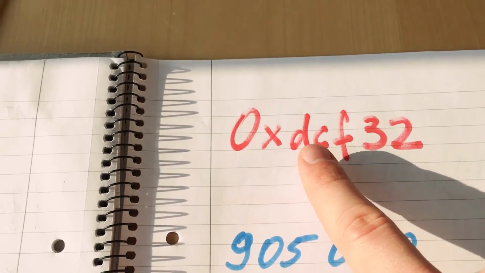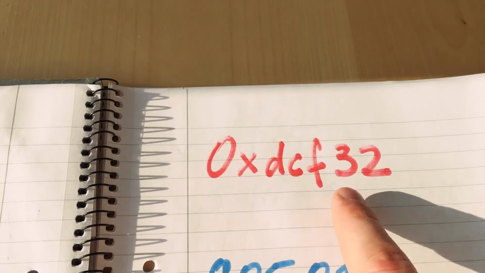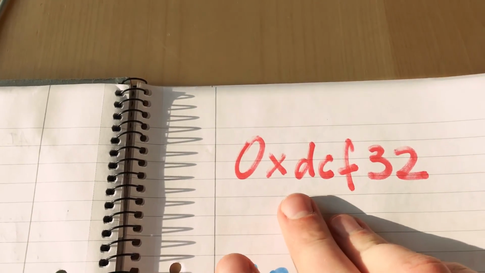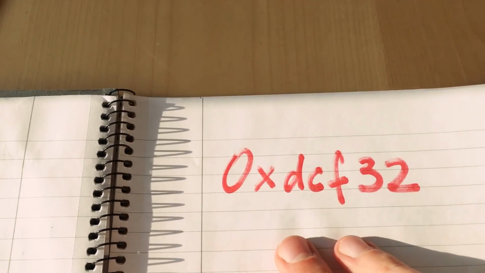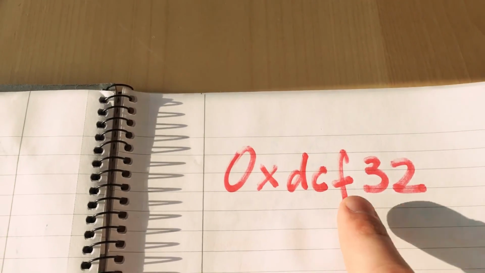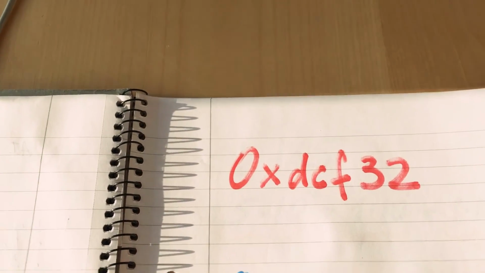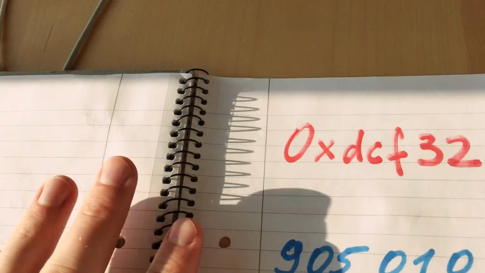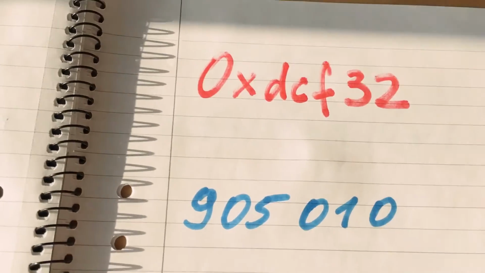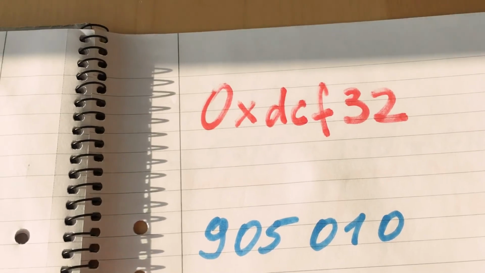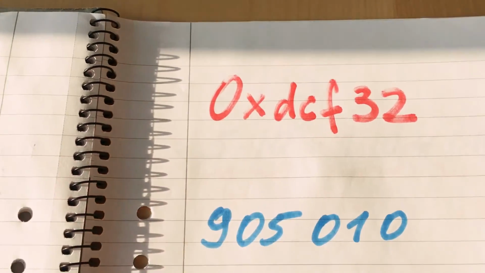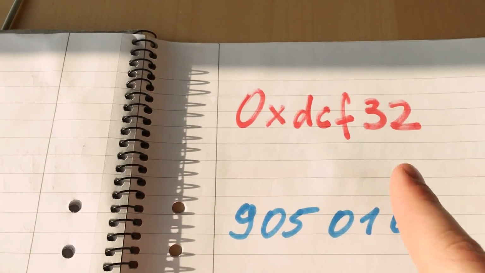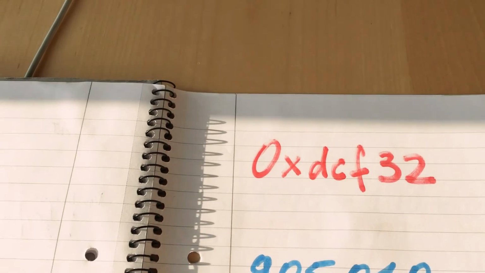So therefore we take plus 12 times 16 to the power of 3. And lastly we'll take D, which is 13 times 16 to the power of 4. And if we just add everything together, we'll get this number. So that's it, guys. That's how you convert a hash to a number. And now you actually know that each hash is just a normal number and it can easily be compared to any number. This is super fast to do for a computer. This is the typical task a computer is very good at.